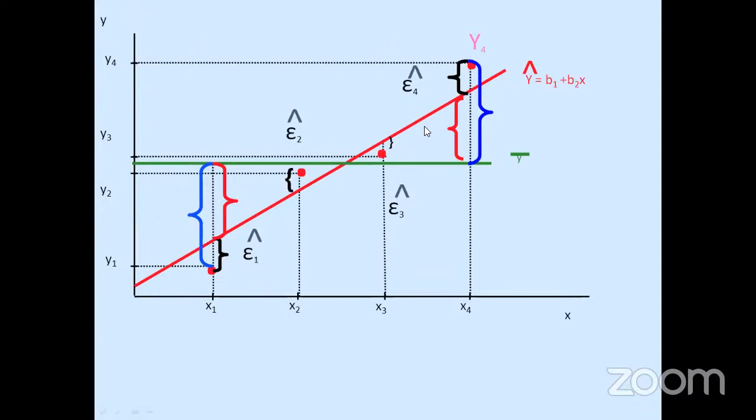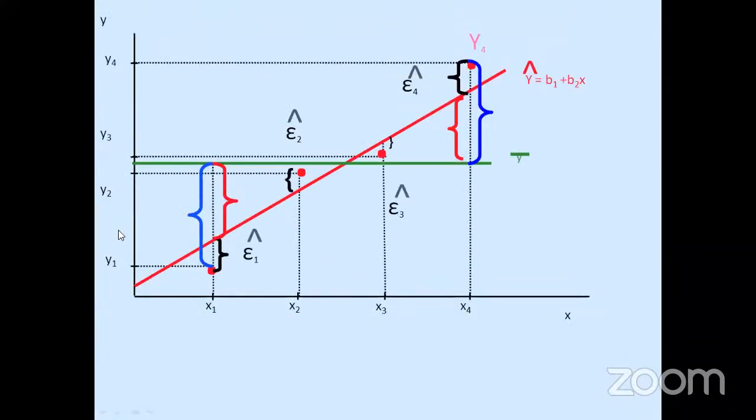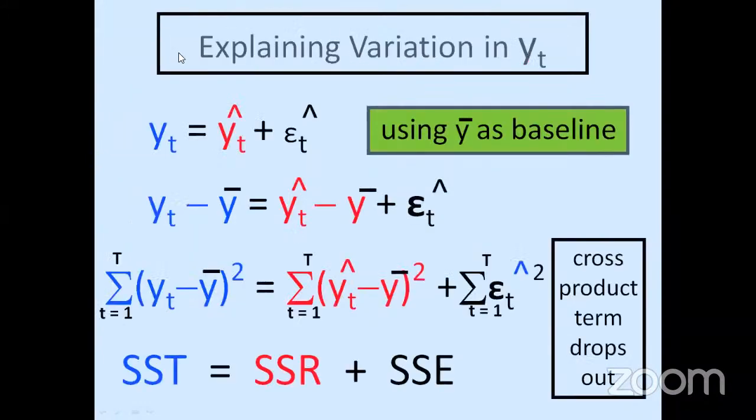So everywhere that general thing exists. So in this portion and this portion and this portion and here also, these errors will always be there. So explaining variation in yt.